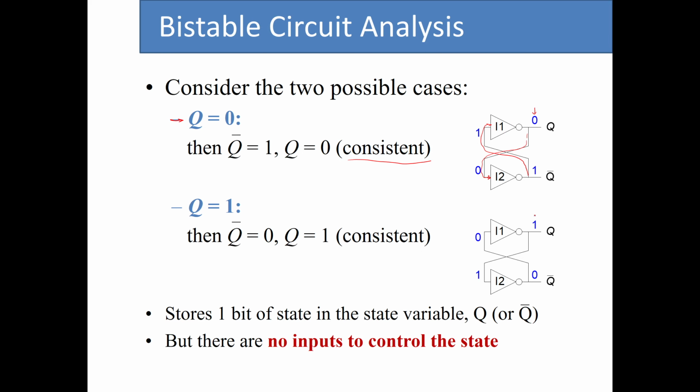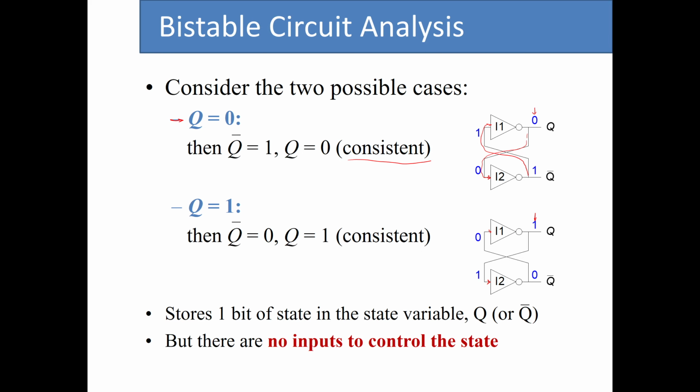For the second case, we assume Q is 1. Again, since there is no input, we don't know how Q became 1, but we just assume it is 1 now. When Q is 1, that means the input to I2 is 1, which makes its output 0. So Q bar becomes 0. Now we have Q bar serving as the input for I1, which makes the output of I1 1.